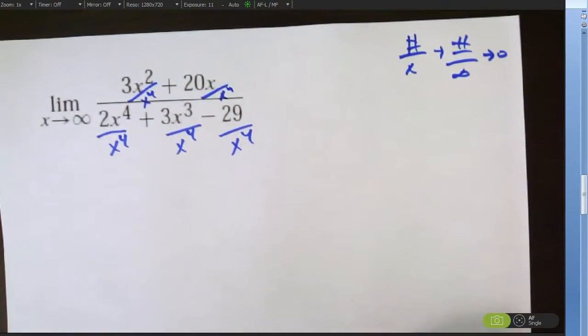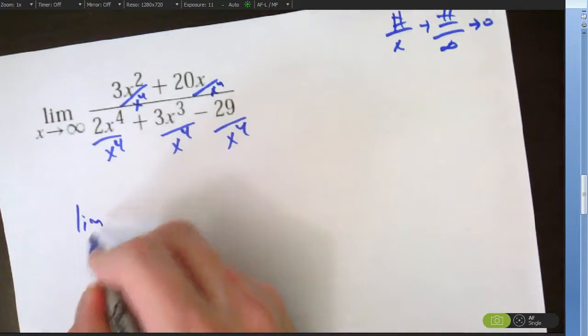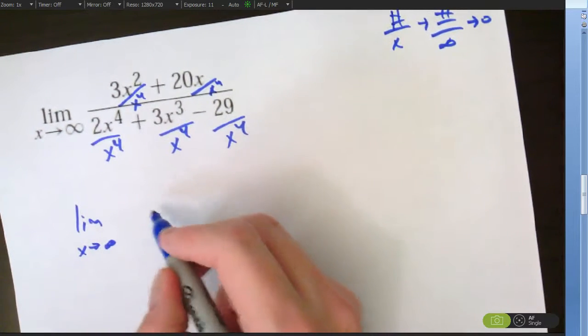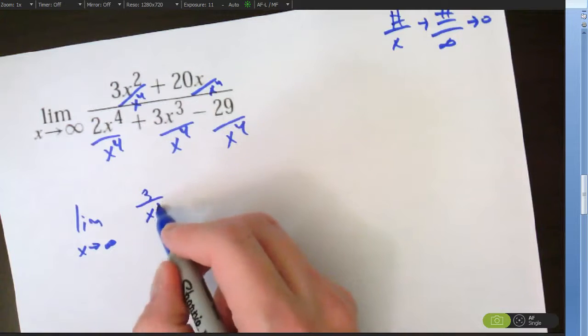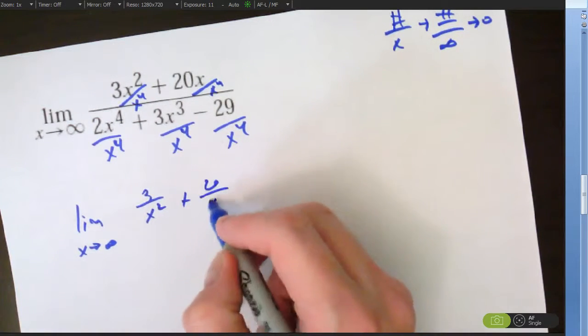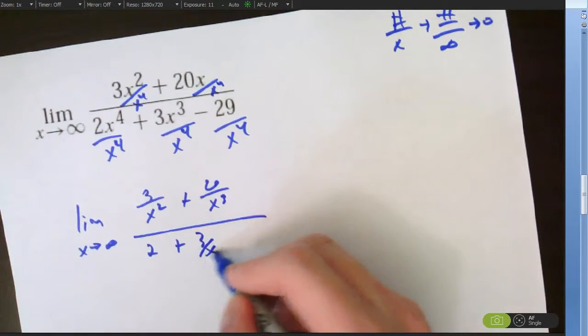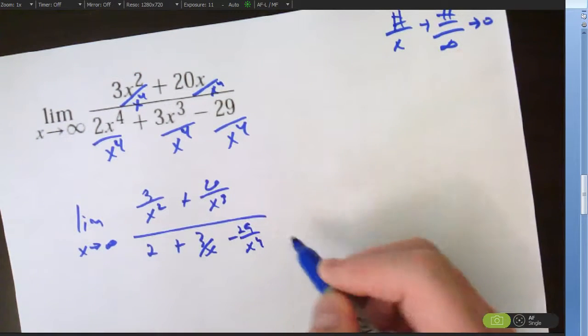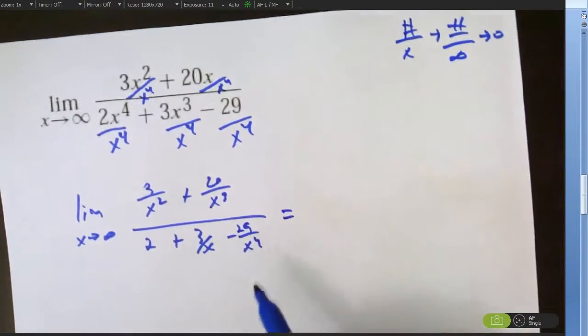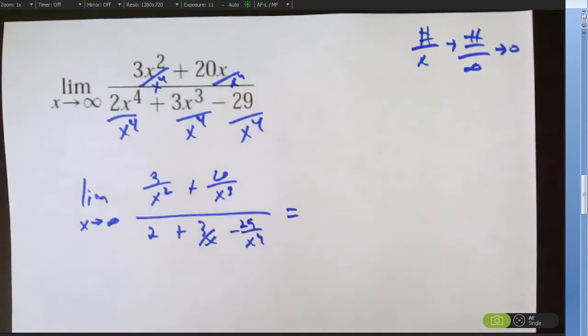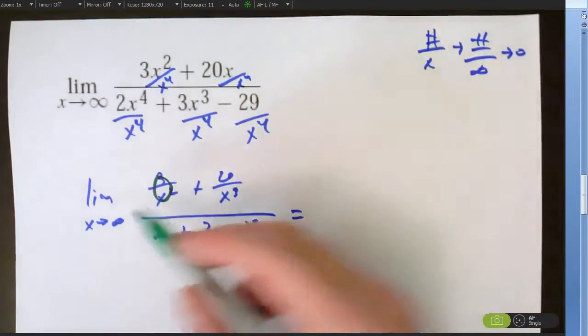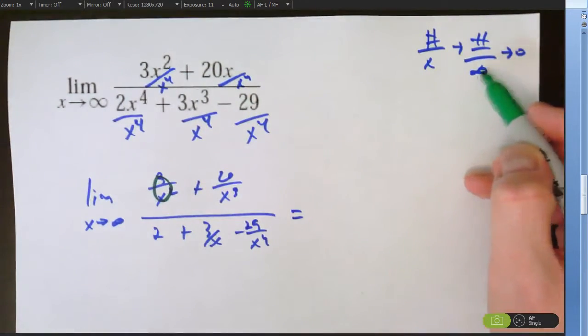So what this really becomes is the limit as x approaches infinity of 3 over x squared plus 20 over x cubed, all over 2 plus 3 over x minus 29 over x to the fourth. So now when I plug infinity in for x, this guy essentially goes to 0 because it's 3 over some form of infinity.